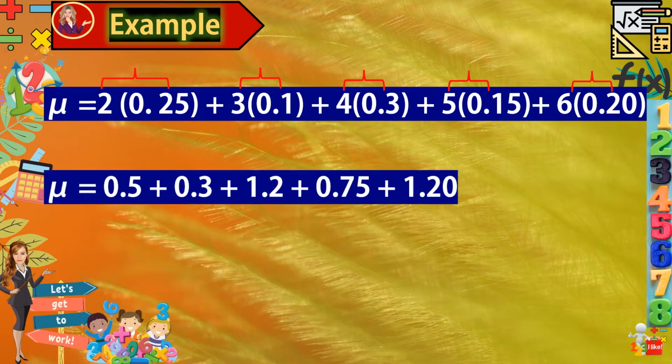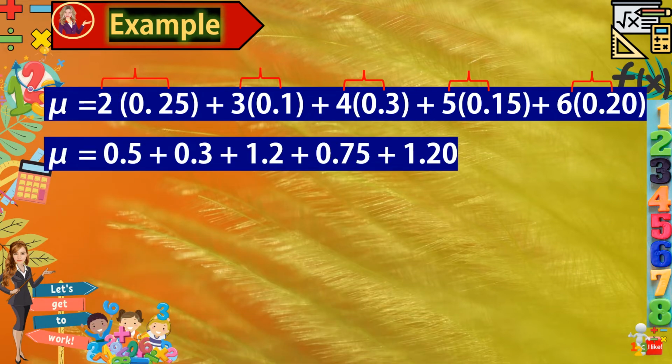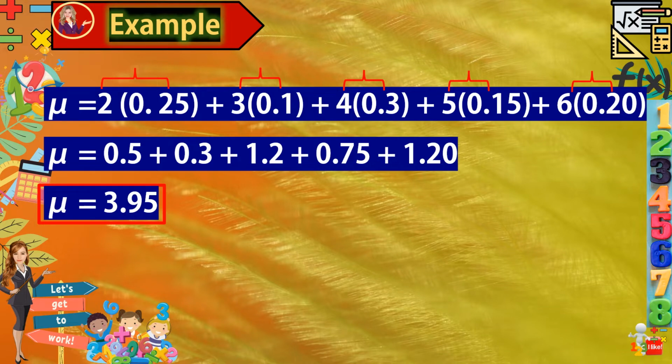It will give you the result as 0.5 plus 0.3 plus 1.2 plus 0.75 plus 1.20. After that, you will add all the given results. Then you will have now the mean, which is equal to 3.95.